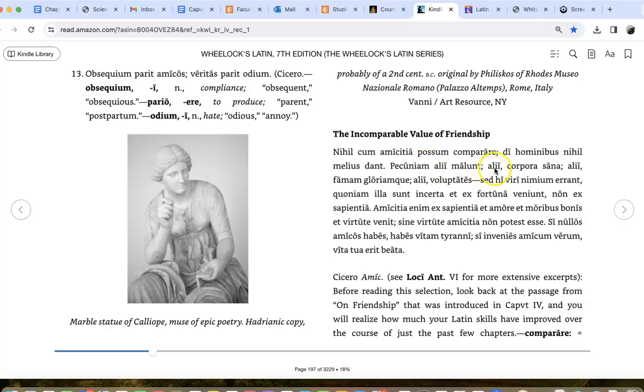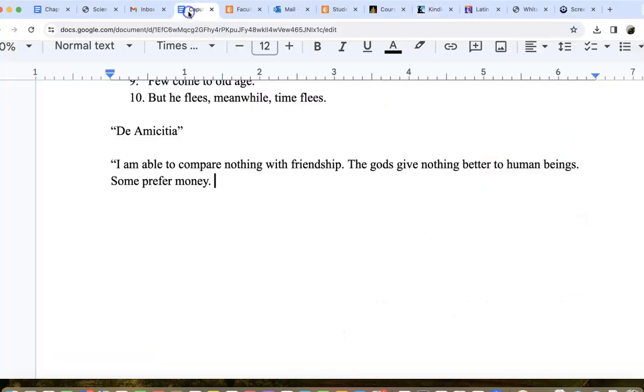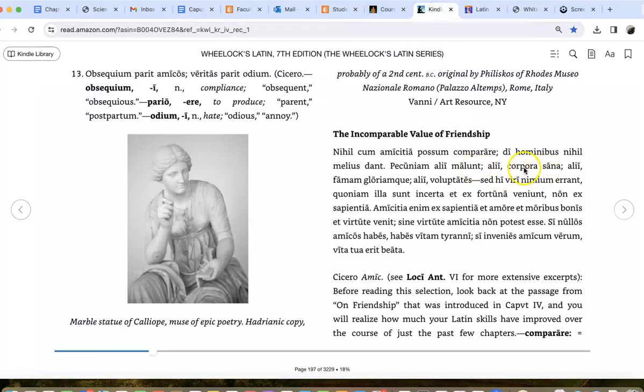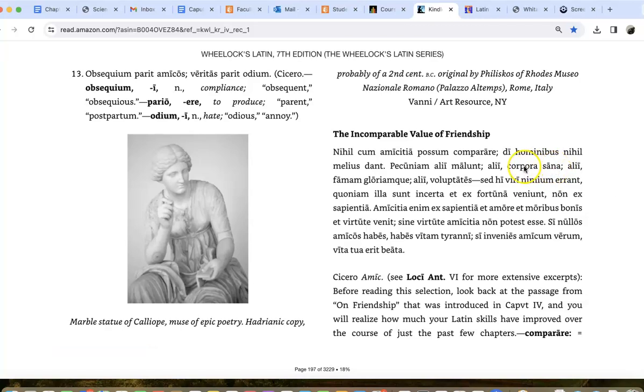So some prefer money, and then others a healthy body. So others a healthy body. Now you could potentially just say others health, but literally corporeal, or we're going to word body like corpse. So a healthy, like sanitary, a healthy body.